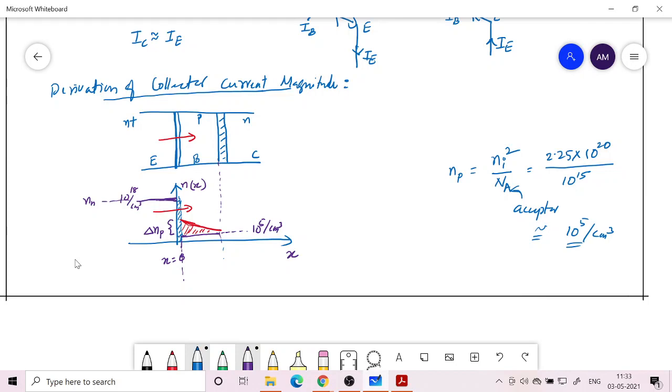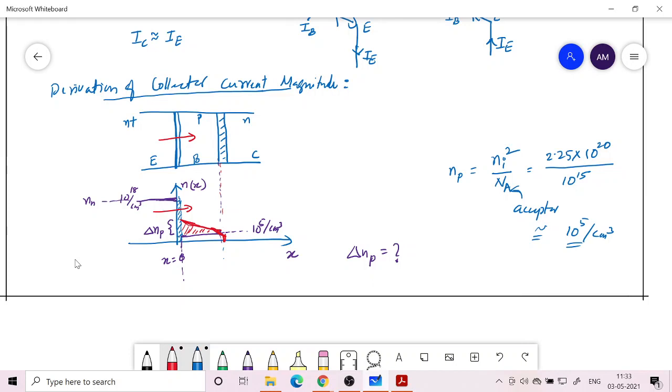So we need to know what is going to be np, and if I draw it more properly, this is the depletion region, and inside the depletion region you will have a 0.